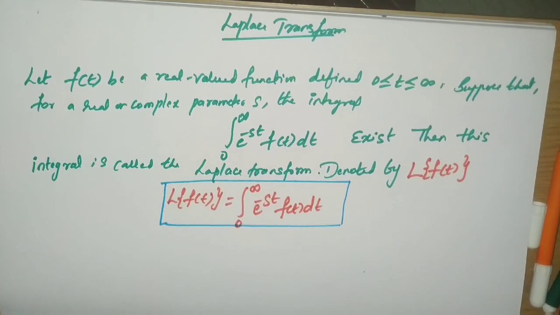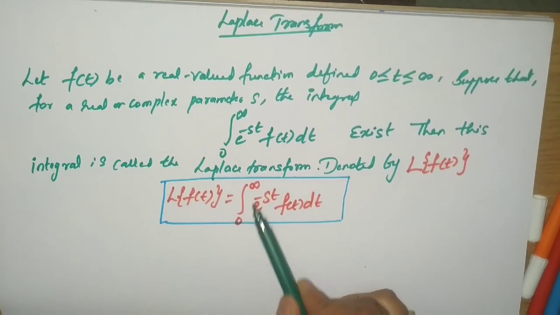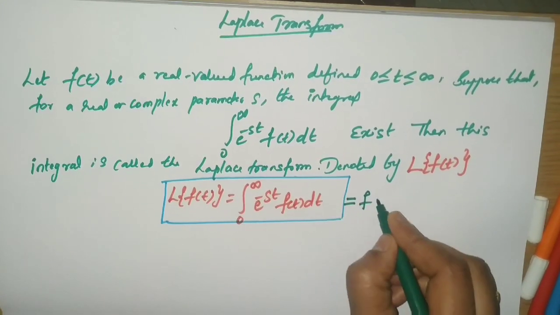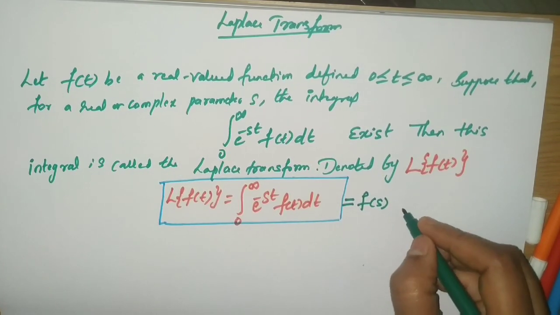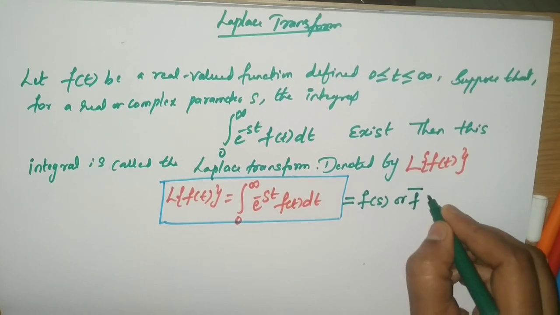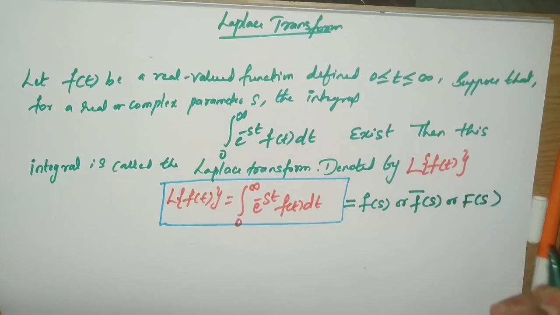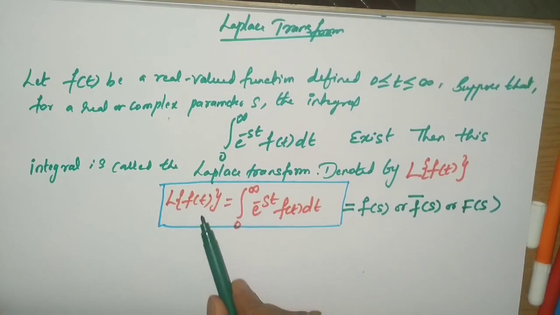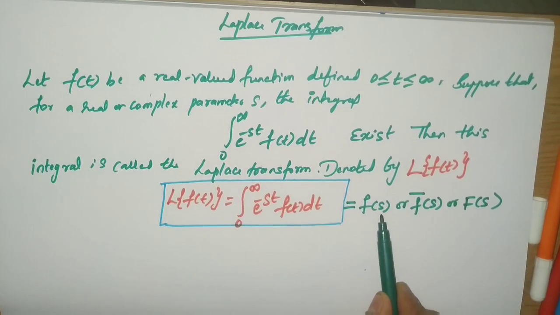You can clearly see s is the parameter. After you integrate, this integral will be equal to a function of s. Okay, and sometimes it is denoted as f bar of s, or it is also denoted as capital F of s. Why? Because initially the function was f of t. After the integration, the function will be transformed to s.